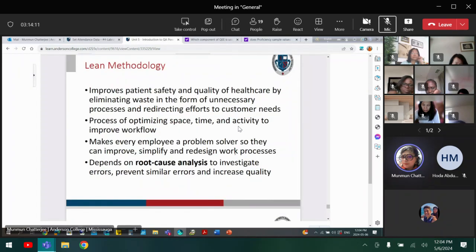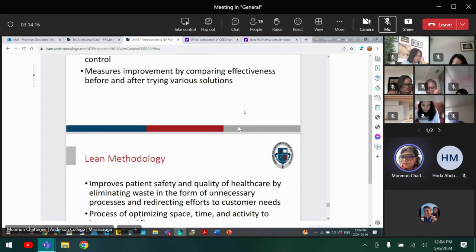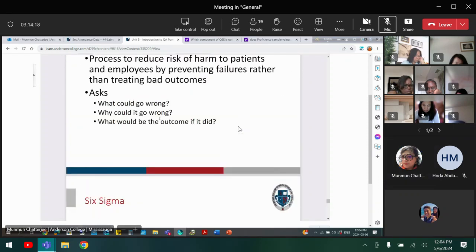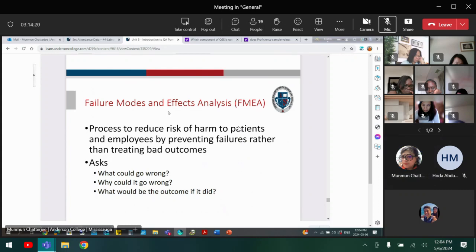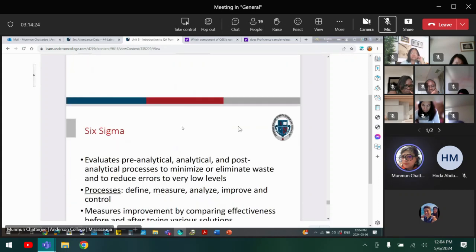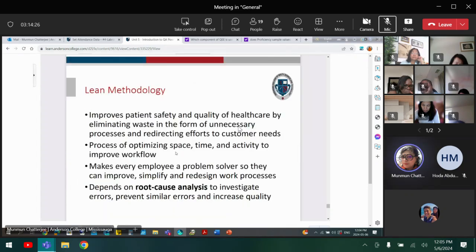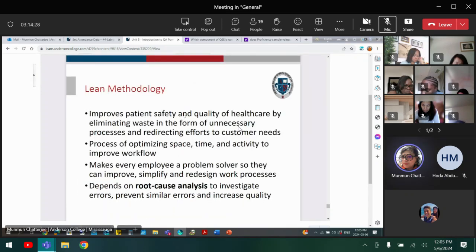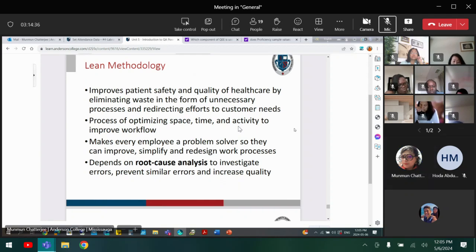Lean methodology improves patient safety and quality of healthcare. So FMEA is to reduce the risk of harm to patients and employees. Lean methodology improves patient safety and quality of healthcare by eliminating waste in the form of unnecessary processes and redirecting efforts to customer needs. Eliminating unnecessary waste, which may be biohazard, which may not be needed.